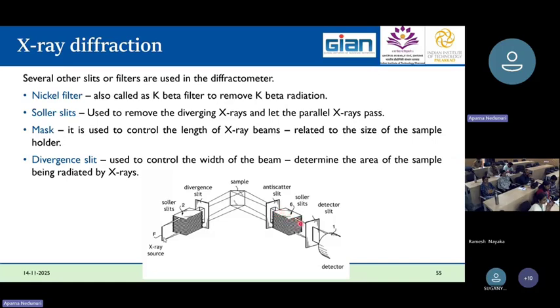Only to collect those X-rays in parallel direction, we have solar slits, then a detector slit, and then we'll have a detector over here. This is how various slits and various filters are important for us to ensure that we have a monochromatic X-ray passing from the source to the sample, and also monochromatic X-rays collected towards the detector.